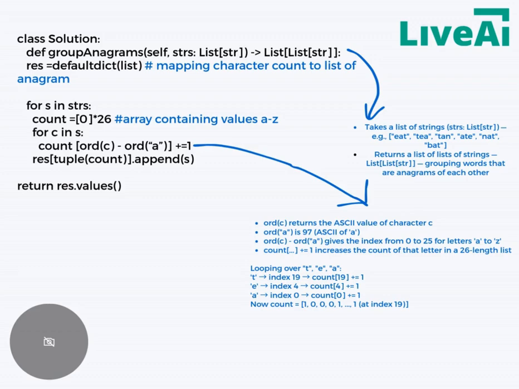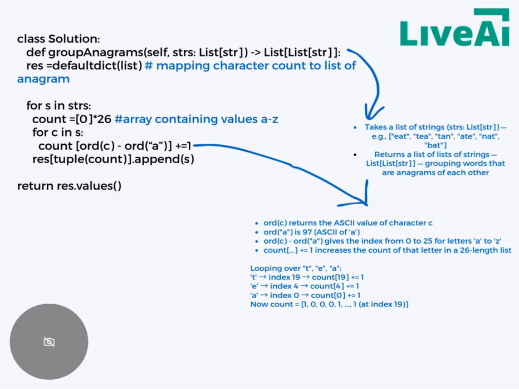It's the character in your individual word. S will now, for example, be e, a, t, so we are looking at e, a, and t as individual characters. Then count[ord(c) - ord('a')] += 1.